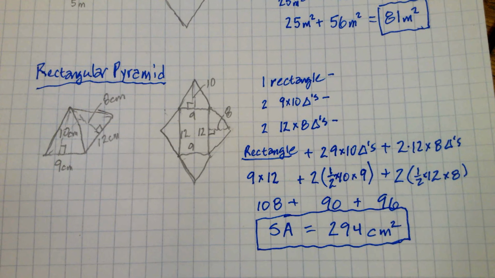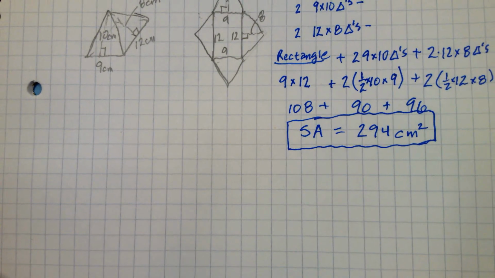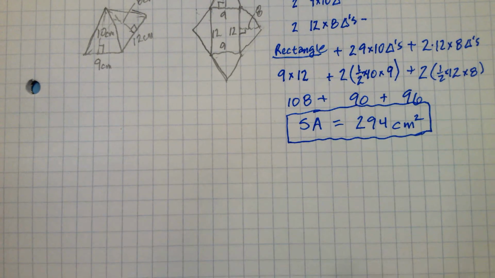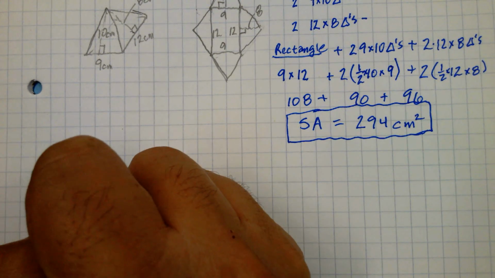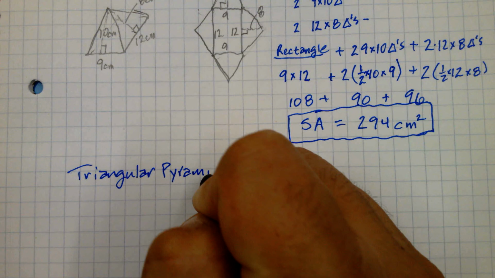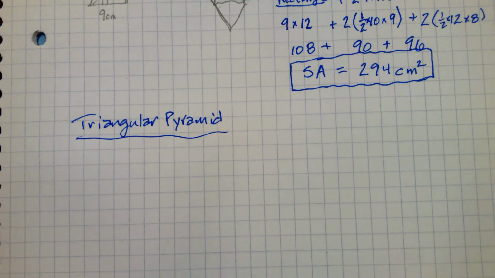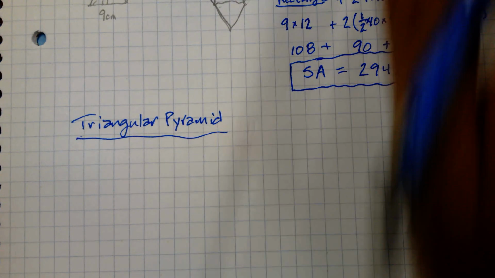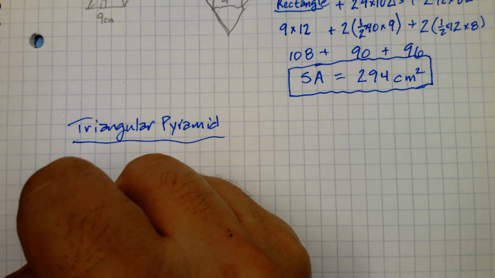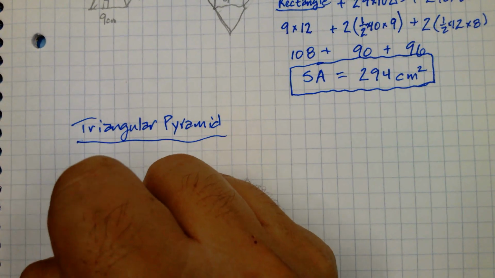Okay. The net. Ready to do a triangular one? And this one is the toughest one for me to draw. Triangular. All right. You gotta have like a 3D kind of vision. Okay. So I'm going to start off with a kind of funky looking angle like this.